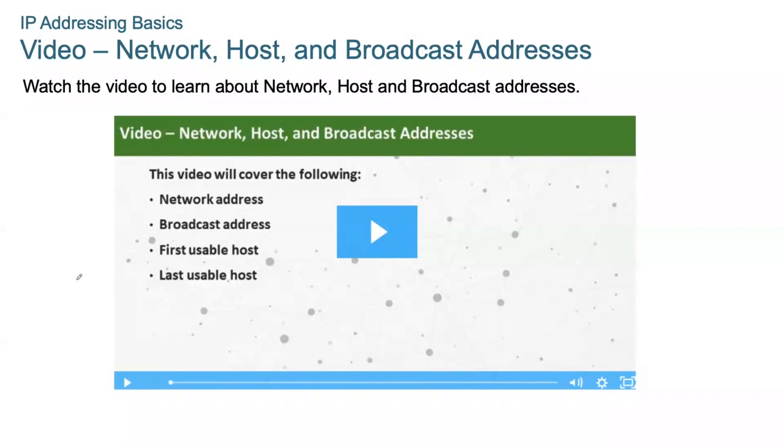So the network address is the first address in the range. Then the broadcast address is the last address in the range, and the first usable host and the last usable host are the first device in the network and the last device in the network. A device needs to know what network it belongs to in order to forward the data correctly instead of forwarding in all the networks. It can selectively choose the destination network so that network congestion can be reduced.